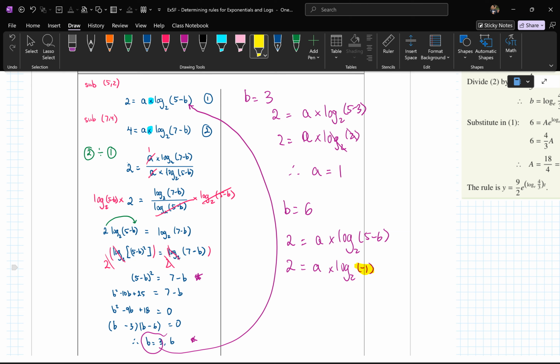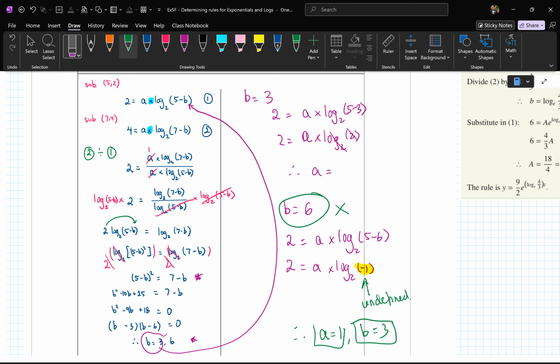That's why the first 2 parts is a 2 marker. And your third mark comes from checking, knowing that this is undefined. Therefore, b equals 6 cannot happen. So that must mean a is equal to 2. My bad, a equals 2.